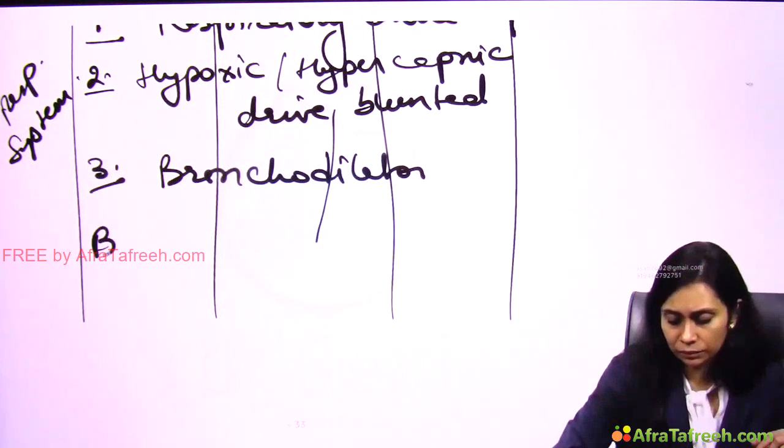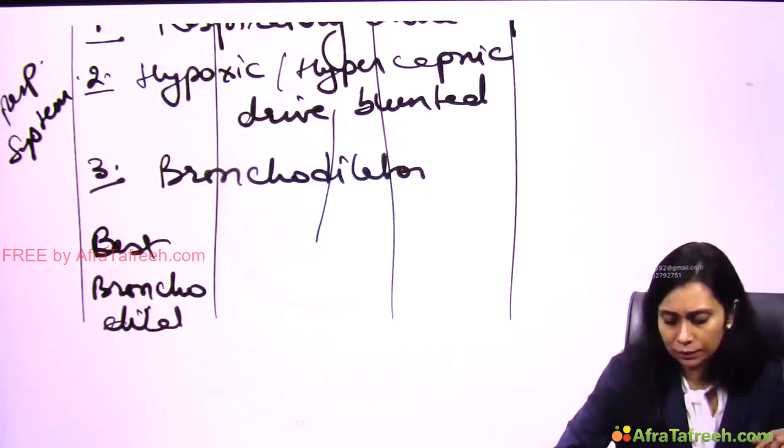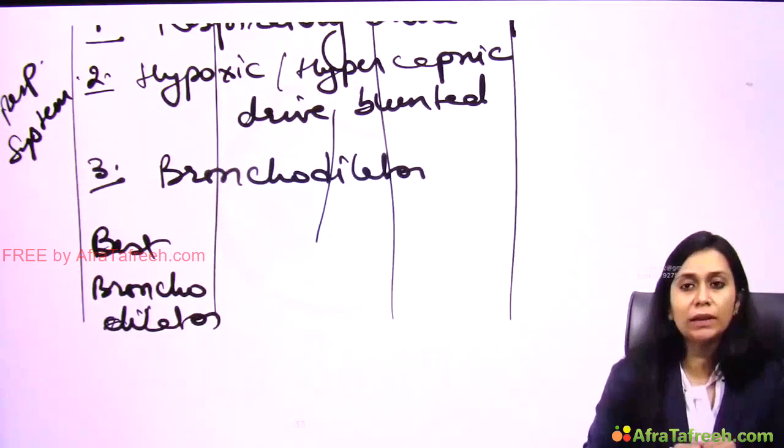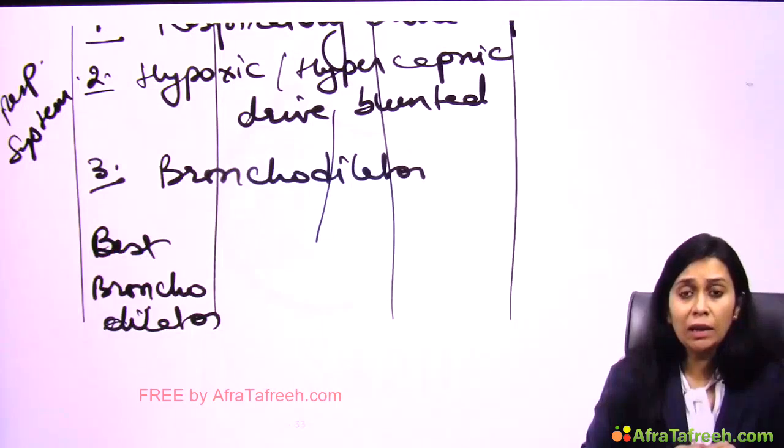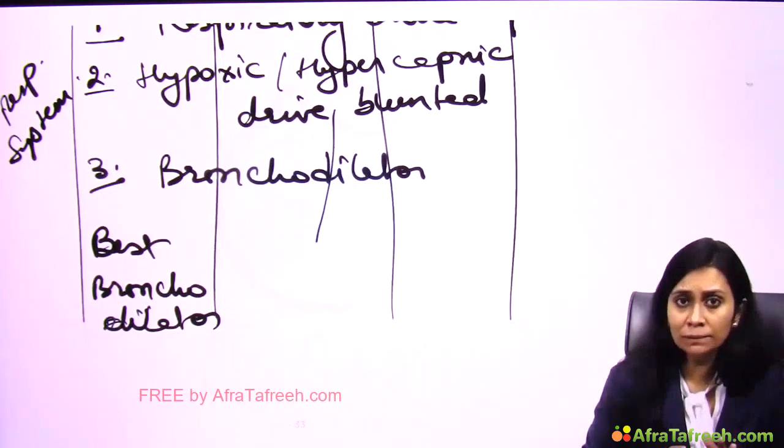Halothane is the best bronchodilator. It is a wonderful bronchodilator. Best bronchodilator and in bronchial asthma, agent of choice. Got my point, everyone? Okay.